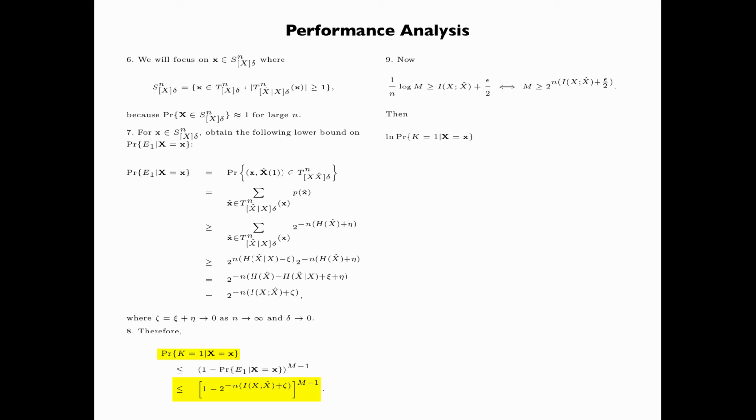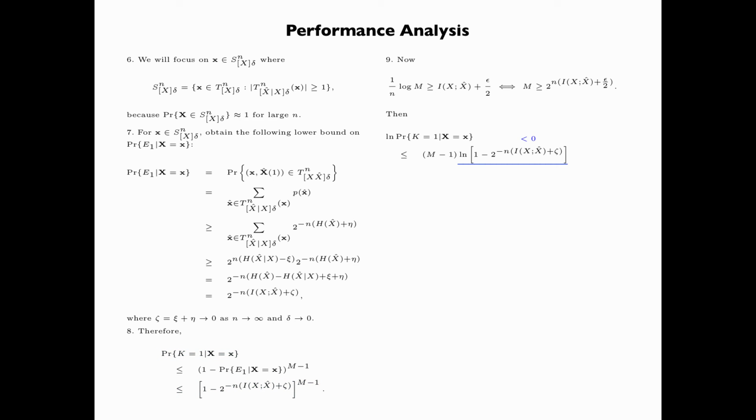Taking the logarithm, we obtain that the log of the probability that K is equal to 1 given X is equal to x is upper bounded by (m minus 1) times log of (1 minus 2 to the power minus n times (I(X;X̂) plus zeta)).